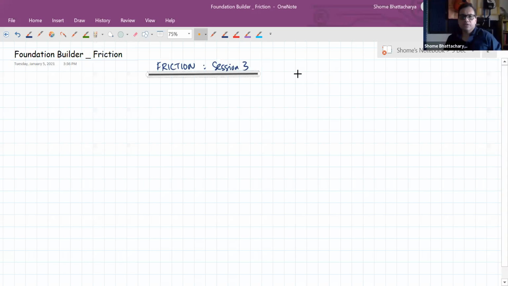Last time we were discussing friction on an inclined plane, and let us understand a couple of examples based on that.